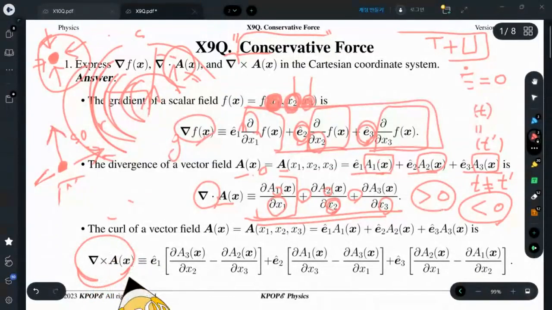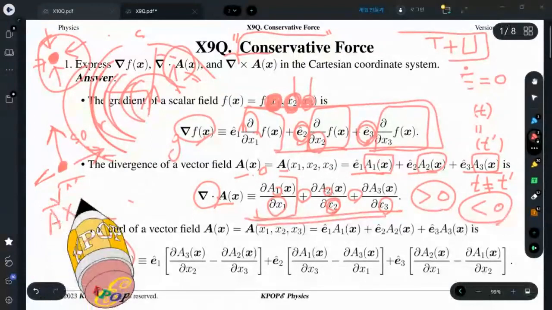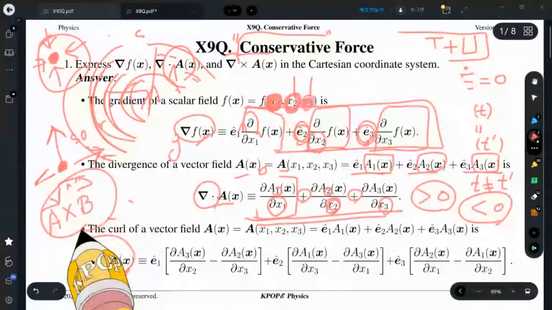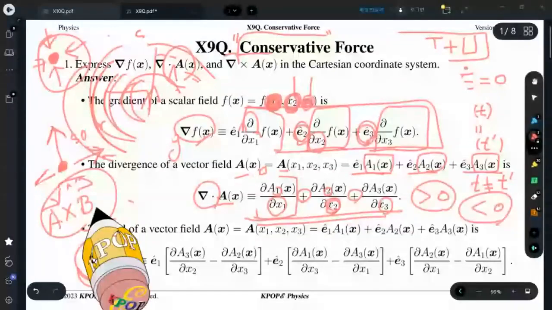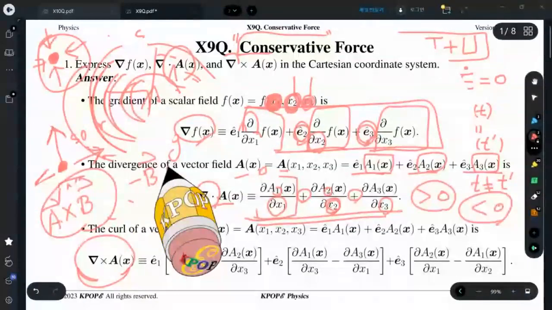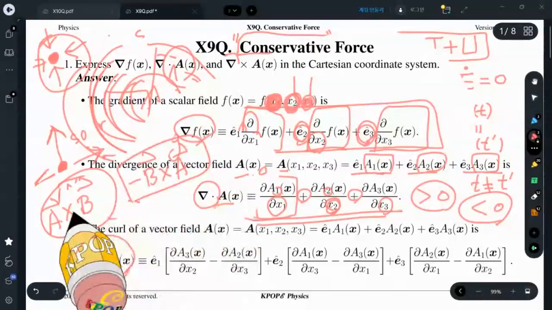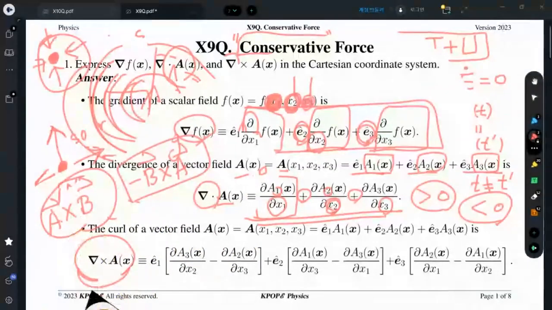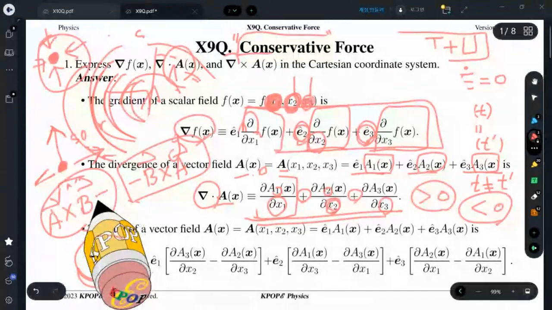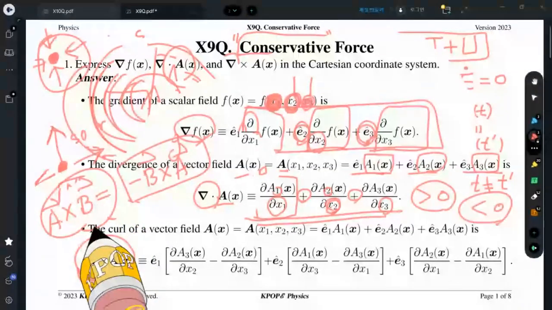of a vector field. And you remember the cross product of A and B. They are anti-commutative. If I exchange the order, it becomes minus B cross A. So they are anti-symmetric. Therefore, we remember the Levi-Civita tensor representing the anti-symmetry property of the cross product.